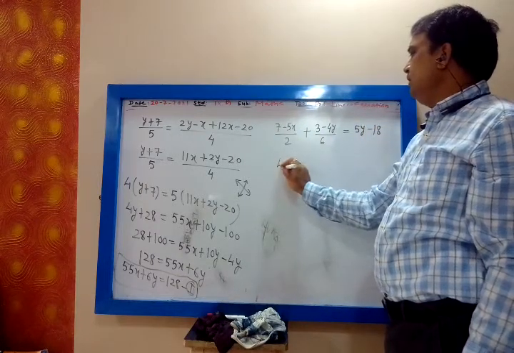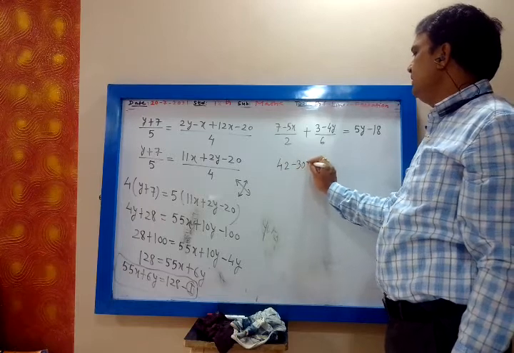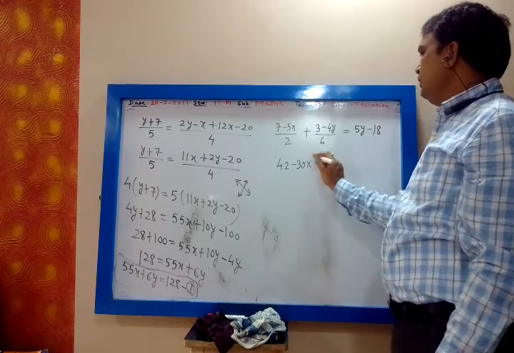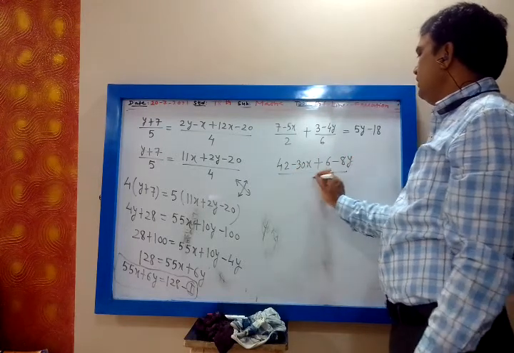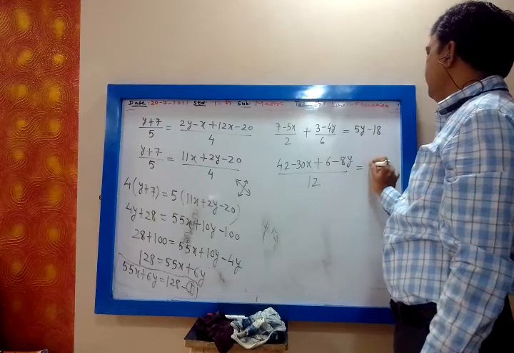7 into 6, 42 minus 30x plus 2 into 3, 6 minus 8y upon 6 to the 12 is equal to 5y minus 18.